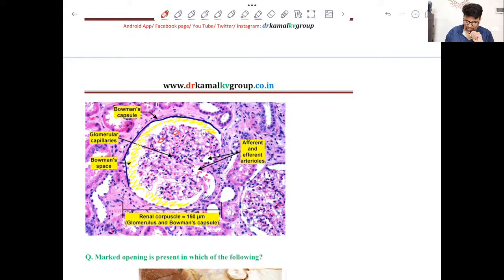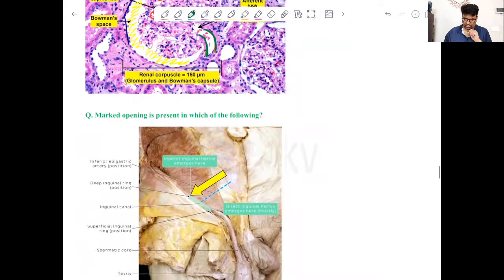So all capillaries and mesangium, and here in this picture we can see the afferent and the efferent arteriole, right? So afferent and efferent can be seen better in this picture, in this slide, right? So this is a classical glomerulus, okay. Chalo. Next question.